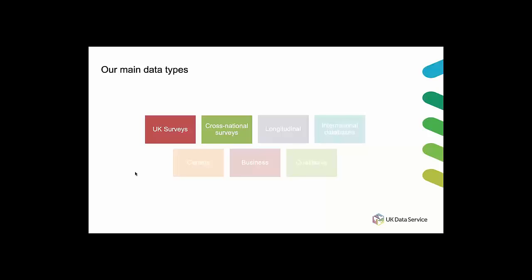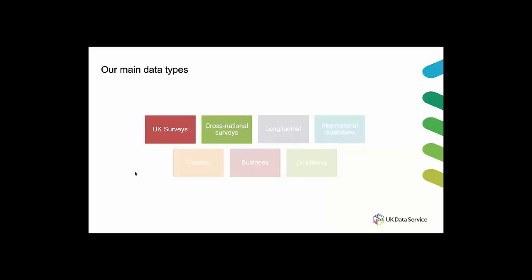So we have the UK and cross-national surveys, and these are the ones we are going to talk about today. But we also have other kinds of data you might be interested in. So we have longitudinal data, and this is the kind of survey data that follows individuals over time.